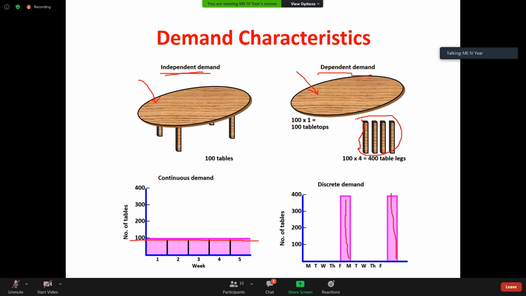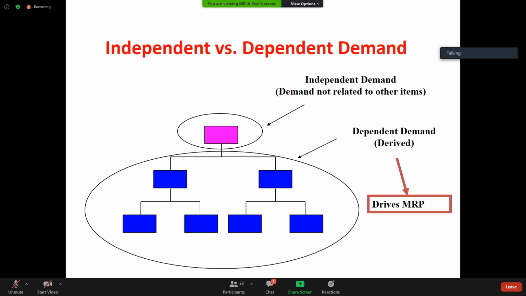In that case, we can produce and keep stock. But if I keep more table tops to satisfy my customer, what will happen if the demand does not come that much? The complete stock will sit inside our factory. These are the kinds of issues with this demand. So, independent versus dependent demand.